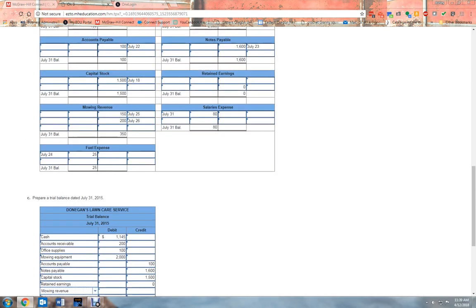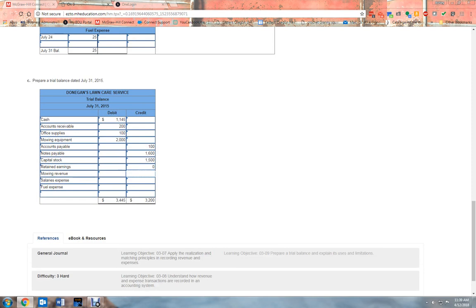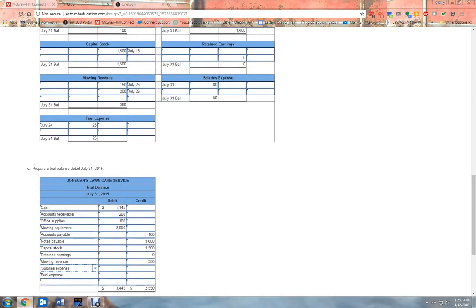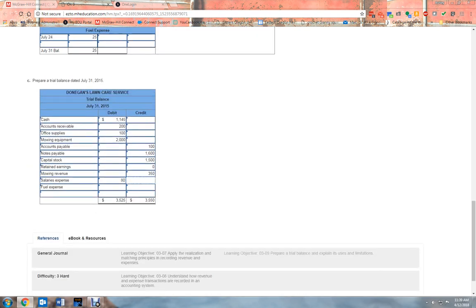Mowing revenue, a $350 credit balance. Salaries expense, $80 debit balance. Fuel expense, a $25 debit balance. So what I'm looking for in the trial balance is for my debits and my credits to add up. I'm at $3,550 for both, so I'm in good shape.